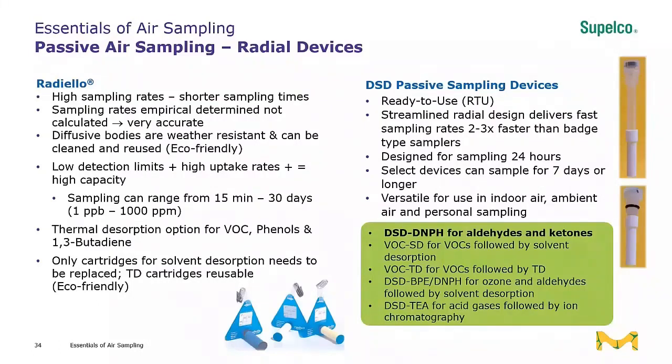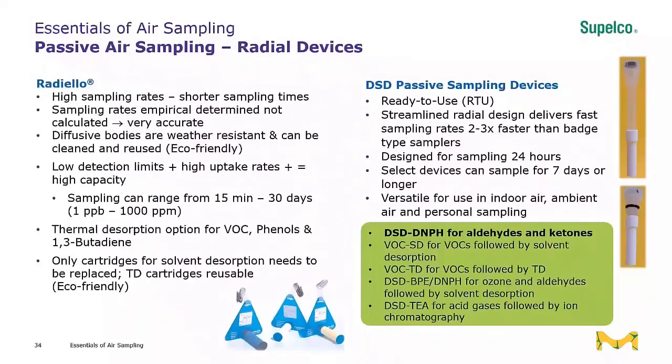It's a more sustainable option than other types of devices. They also have low detection limits and the high uptake rate, which again lends to that high capacity. So you could sample with Radiello from 15 minutes to 30 days, depending on the application. And also you could sample from 1 ppb to 1,000 ppm.